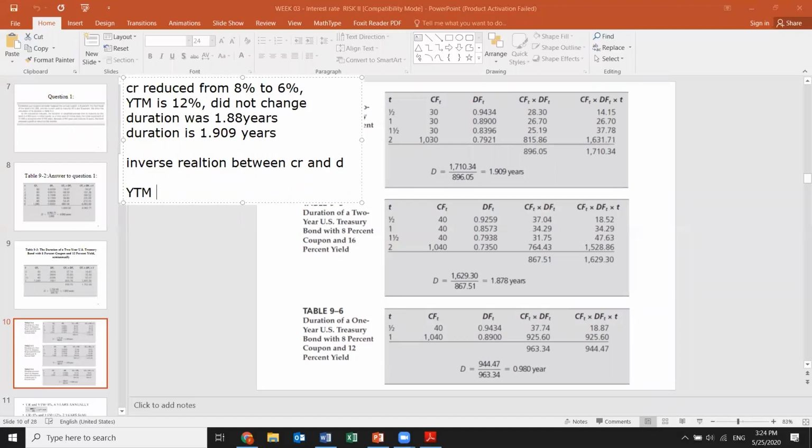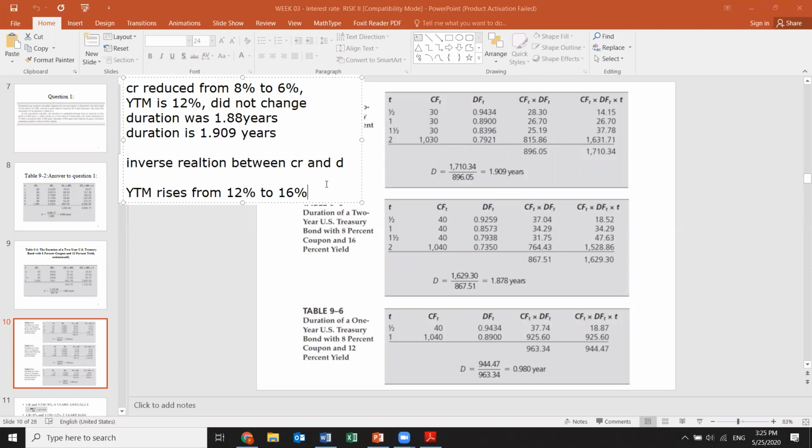Now the YTM rises from 12% to 16%. That means that your present value of cash flow will be reduced. Discounted cash flow will be less, though your coupon payment is the same as it was in the first case. Okay?